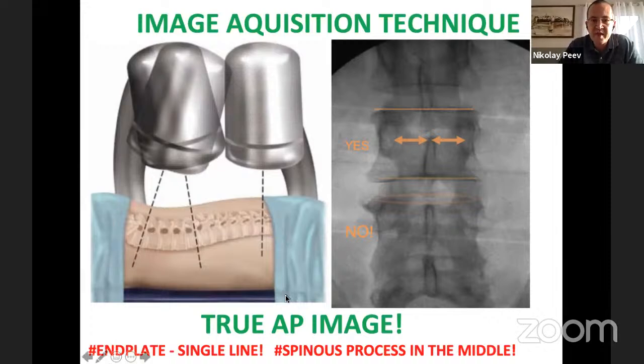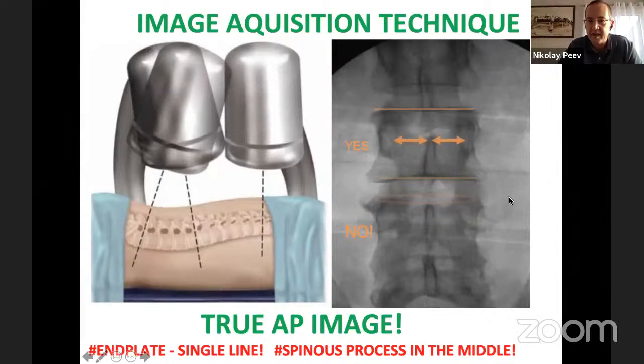What is a true AP image? Ideally, when you are working on a specific level, that level should be in the center of your screen, and you should have the end plate of interest as a straight line, but not as an elliptical line as is demonstrated here.